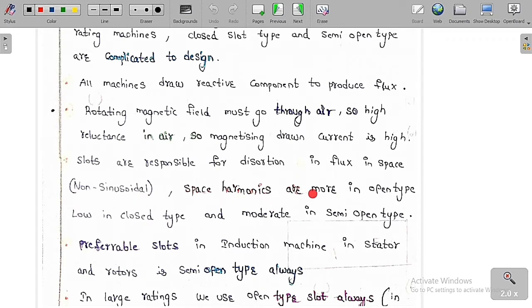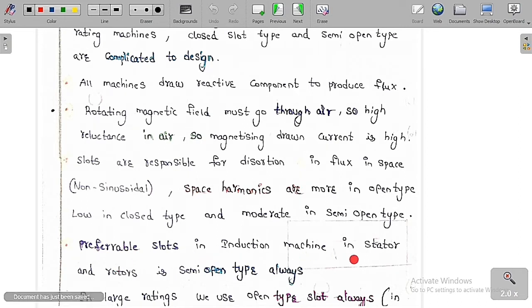Because of these slots, the slots present on the stator and the rotor, the flux in space gets distorted. So now the flux will not be purely sinusoidal, it will be non-sinusoidal. Because of this, harmonics are produced in the flux. These space harmonics are very high in the open type slot, moderate in the semi-open type, and very low in the closed type of slots.